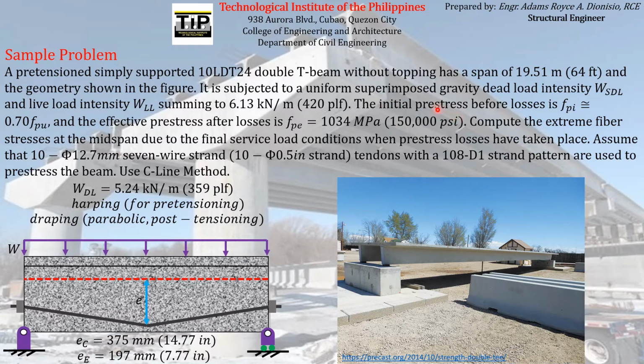So the problem asks for the extreme fiber stresses at midspan here due to the final service load conditions when the pre-stress losses have taken place. According to the problem, assume that the pre-stressing reinforcement is composed of 10 diameter 12.7 mm 7-wire strand tendons with a 108-D1 strand pattern, which is used on the pre-stressing operations.